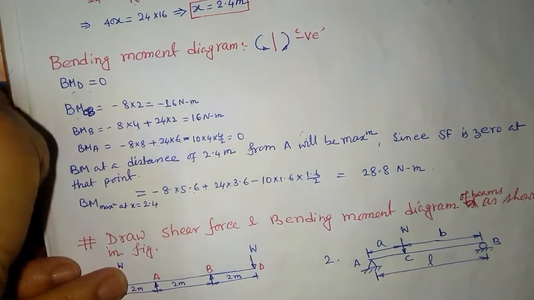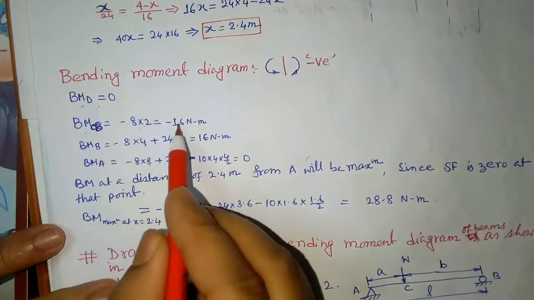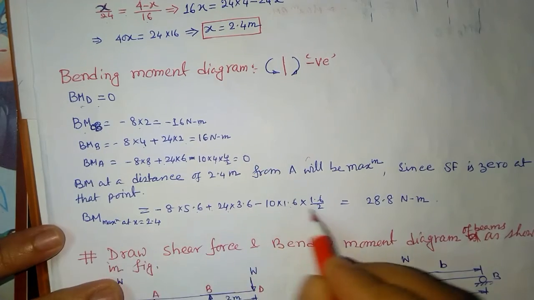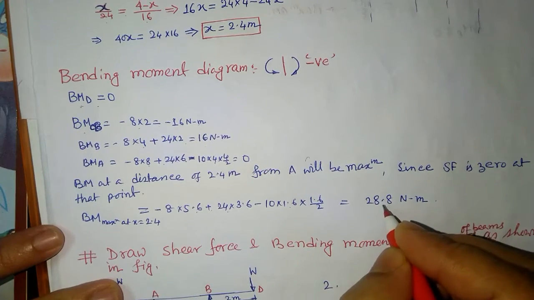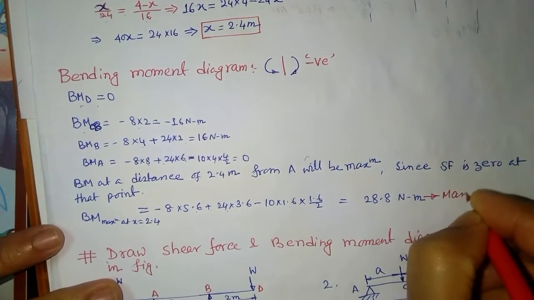So if you see the bending moment at D 0, at C minus 16, B 16, A 0, and bending moment at that 0 shear point we got 28.8. So this says this is the maximum bending moment.